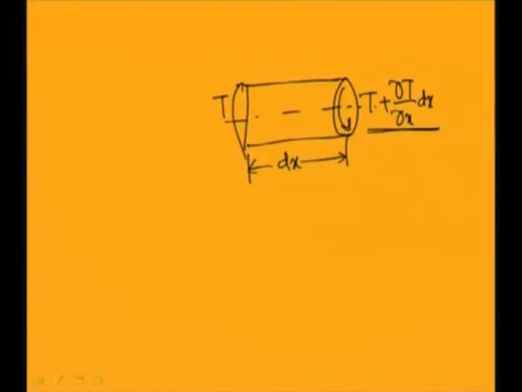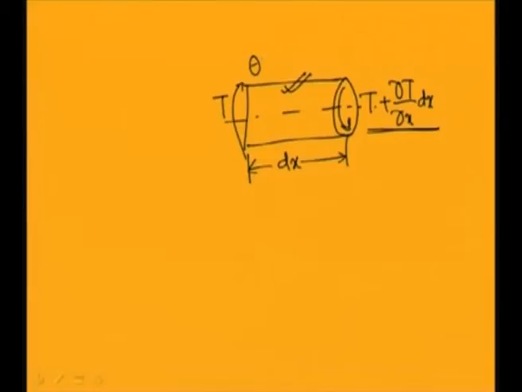Similarly, I can write theta. On this side the displacement is theta, and I can write the equation of motion by using Newton's second law. For this elemental length dx, the inertia torque equals the moment of inertia into theta double dot, where theta is the rotation of the shaft.